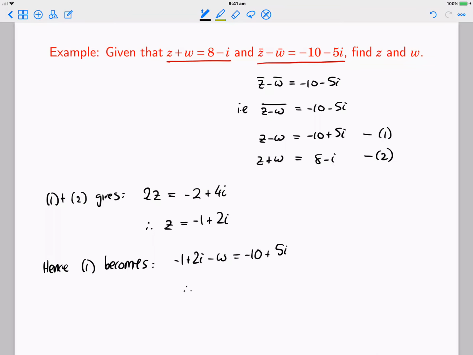So taking the w to the other side and bringing the minus 10 plus 5i to the left side, I get minus 1 plus 2i plus 10 minus 5i equals w. And again, collecting like terms, I get 9 minus 3i.